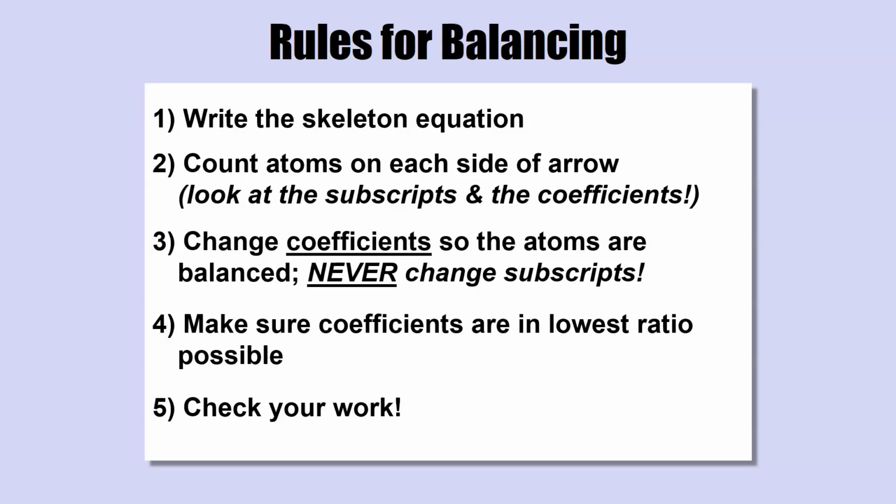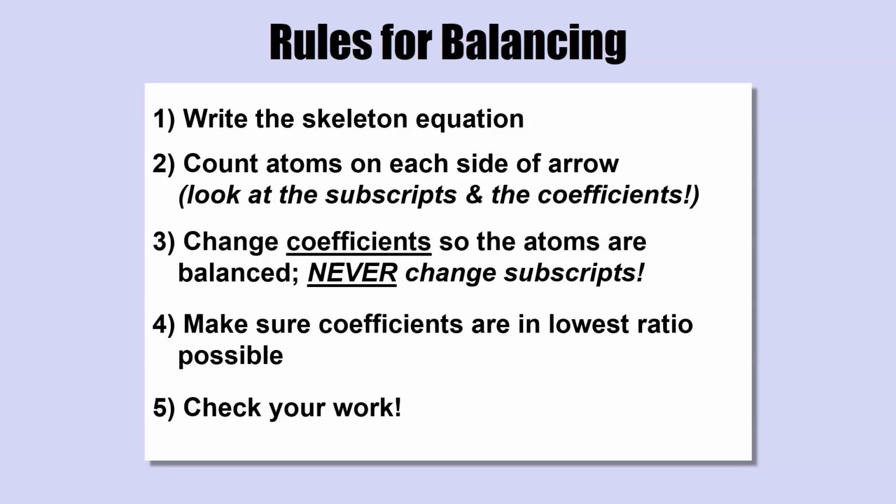You're never, ever, ever going to change your subscripts. Those are locked in stone. What I always tell people is you need to have a valid, correct formula, and then you never change it. If you change those subscripts, that means you're changing the formula. So the only thing you can change is how many molecules you have with a coefficient. You cannot change which molecules you have, so be a little bit careful about that.